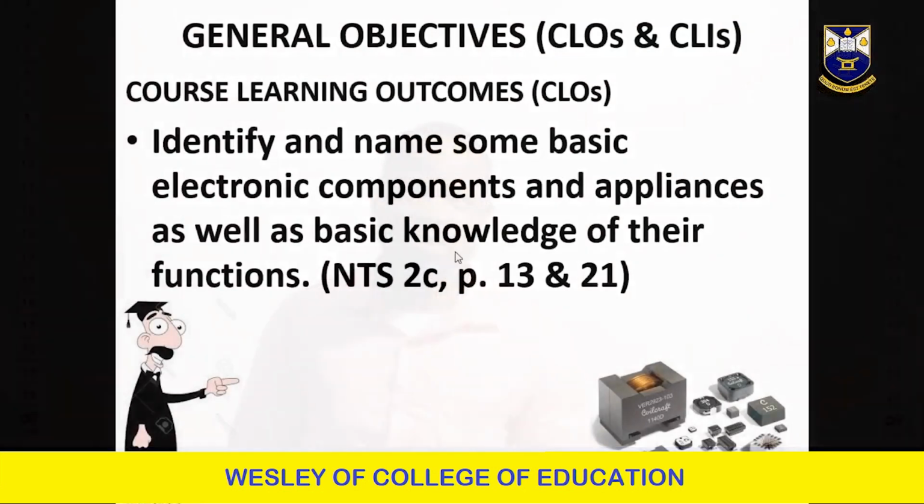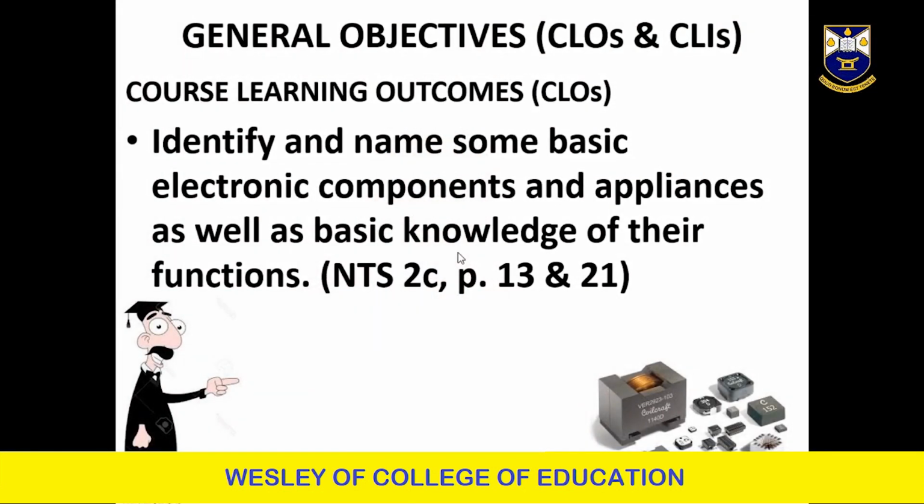Now the objectives of this lesson, as we can see from the CLOs and then the CLIs, we are to identify and name some basic electronic components and appliances, as well as show some basic knowledge of their functions. We see this in the NTS 2C page 13 and 21.